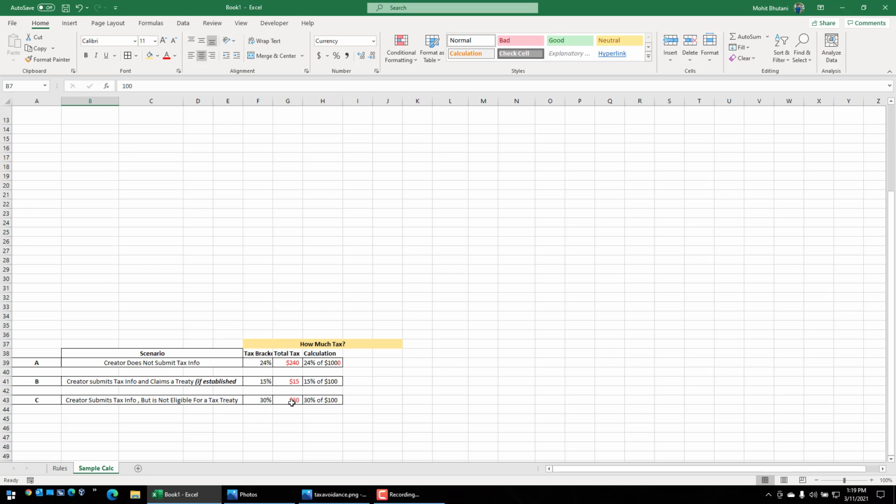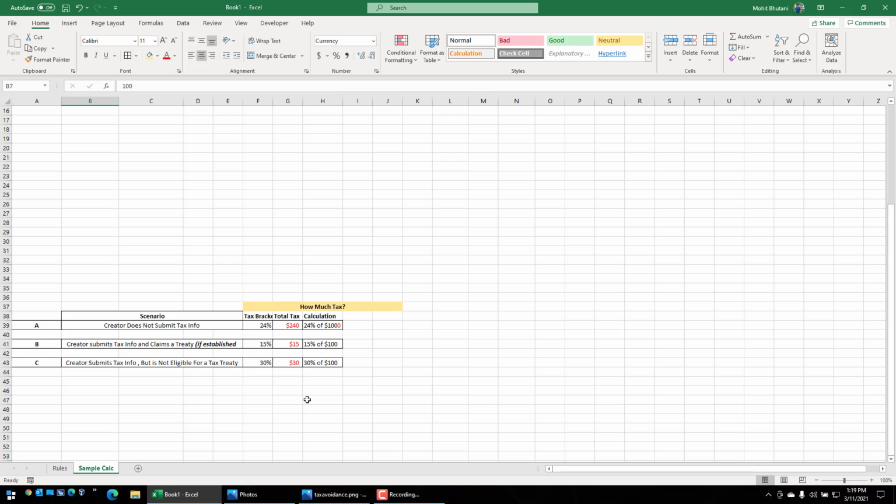So that is how the tax will be computed. I would suggest it would be best for you to be in this bracket, that you submit your tax information before 31st of May 2021, so that at least you don't have to pay this whopping tax of 24% on your entire income. That's going to be a lot of money.